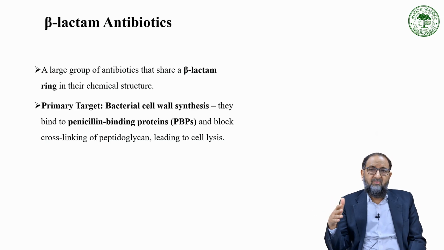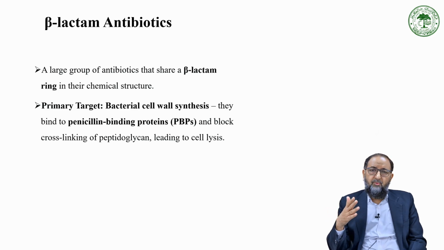Or then we have carbapenems, meropenems, right, these are all beta-lactam antibiotics. Then we have several others like colistin, which is not a beta-lactam antibiotic, which is polymyxin B, but these antibiotics all act upon the membrane.